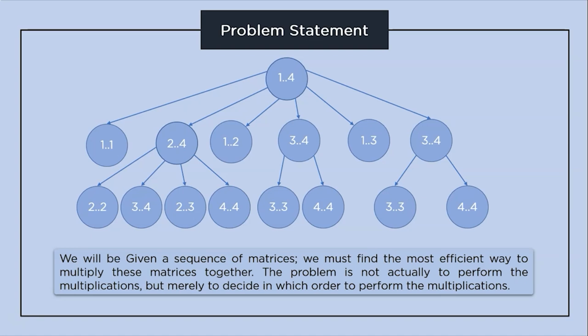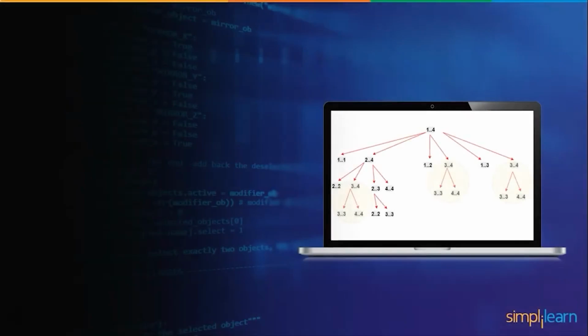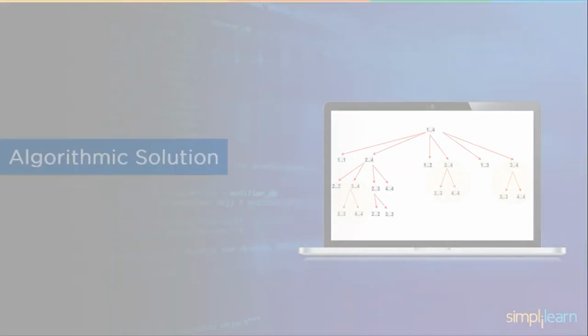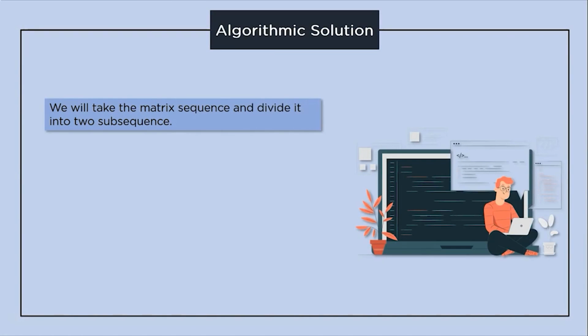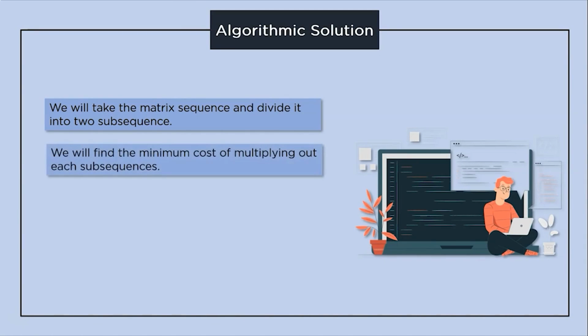Now, let's discuss the algorithmic solution to the matrix chain multiplication. First, we will take the matrix sequence and divide it into two subsequences. Then we will calculate the minimum cost of multiplying out each subsequence.